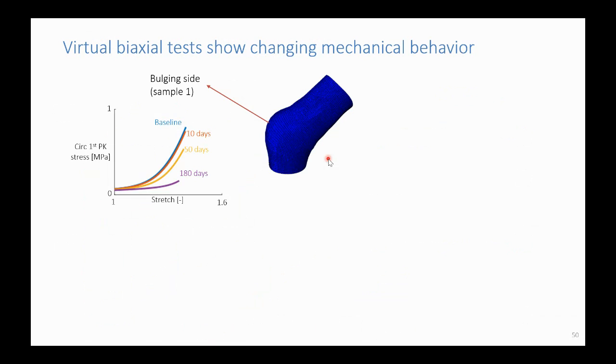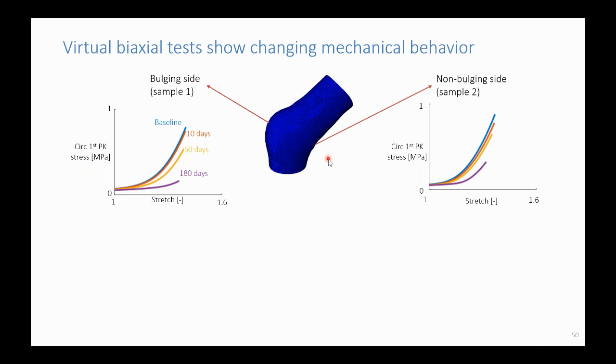And we can do virtual biaxial tests on different locations in the same animal. So there we can try to observe exactly what happens in this case, the bulging side, so the side that was more stretched, and the non-bulging side, the side that was less stretched in this particular system. And you can really observe how the material properties change in time. So other than in an animal experiment where you can only intervene at the end, here we can continuously monitor how the properties are changing in time.